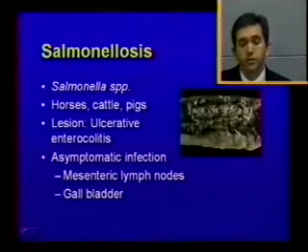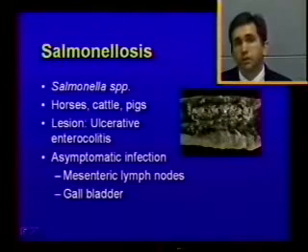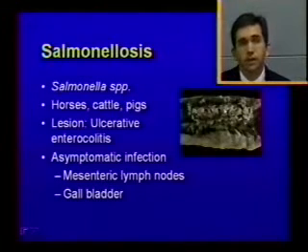I'm circling an area of the small intestine that has been affected by Salmonella. Notice how it appears raised. It is lighter colored than the surrounding area, and the reason that it's oval is because it's overlying the lymphoid tissue of the intestine, also known as the Peyer's patch. And this site of the intestine is particularly prone to Salmonella infection.